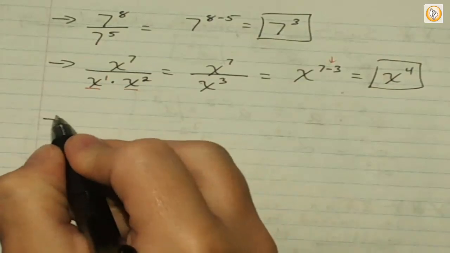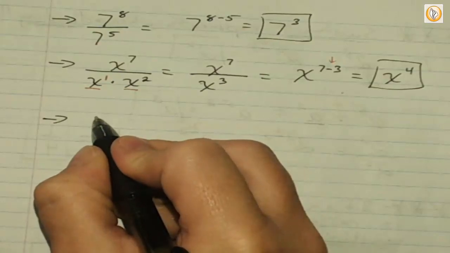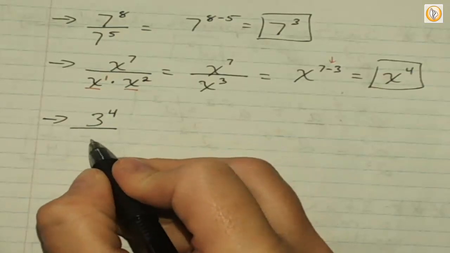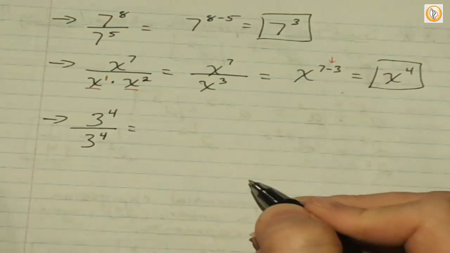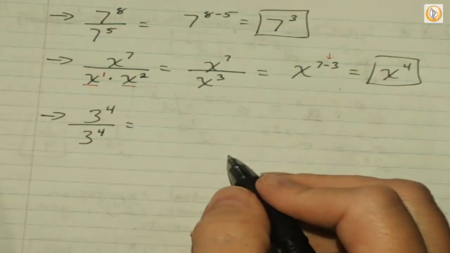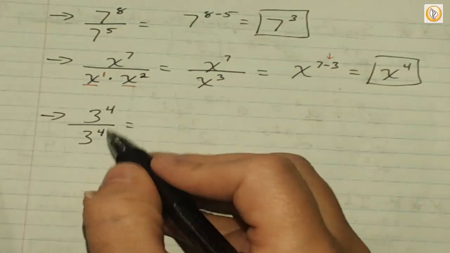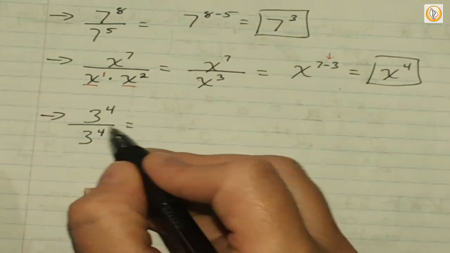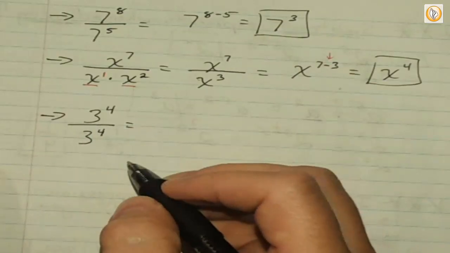Let's do another. Tanner. 3 to the 4th power divided by 3 to the 4th power. 3 to the 1st power. Why? Just 4 divided by 4. Okay, the bases are the same, and we're dividing, right? So then what do we do to the exponent?